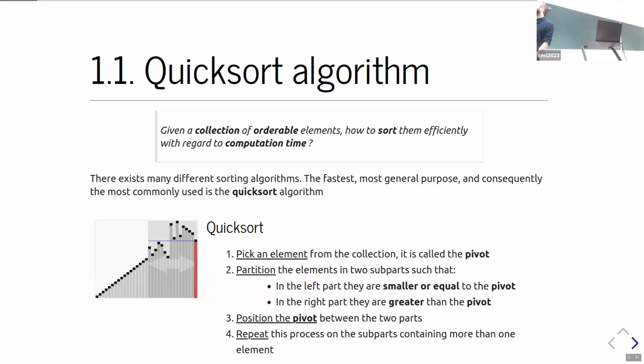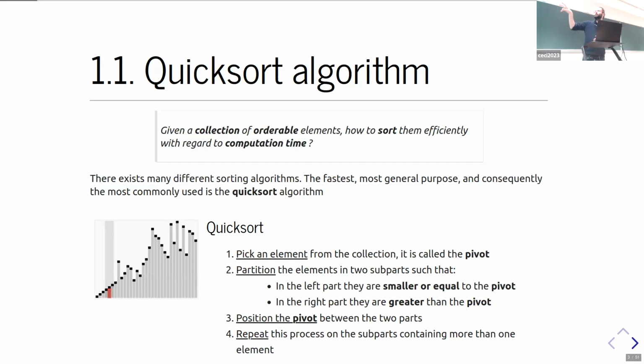So you put all of those that are smaller or equal on the left, all of those that are strictly greater to the right, and you put the pivot in the middle. So the steps are pretty simple. I won't explain why it is efficient. I won't go into complexity theory here. But those are the main steps, and you repeat that until your array is sorted.